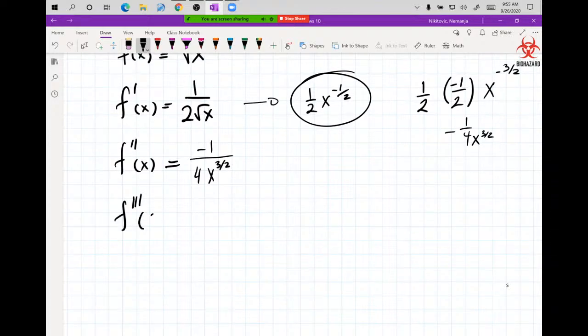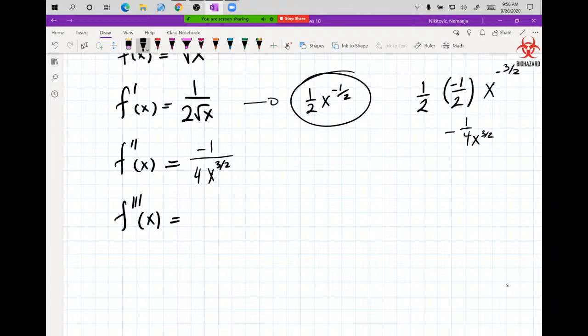So the third derivative, what would it be? Well, the third derivative, listen to this, it's gonna make you go crazy. The third derivative is the first derivative of the second derivative. One more time. The third derivative is the first derivative of the second derivative.